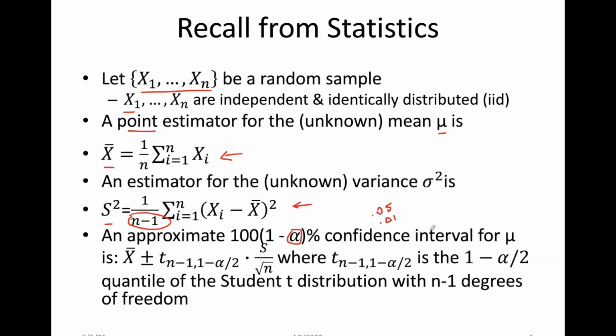We are using statistics to get the answers to the questions that we're asking, which are things like, what is the best estimate of the expected average delay in Q? We'll make that a little more concrete in a short while. Okay, so what is our confidence interval? Well, first it's our estimate of the mean, and then plus or minus our student t quantile.